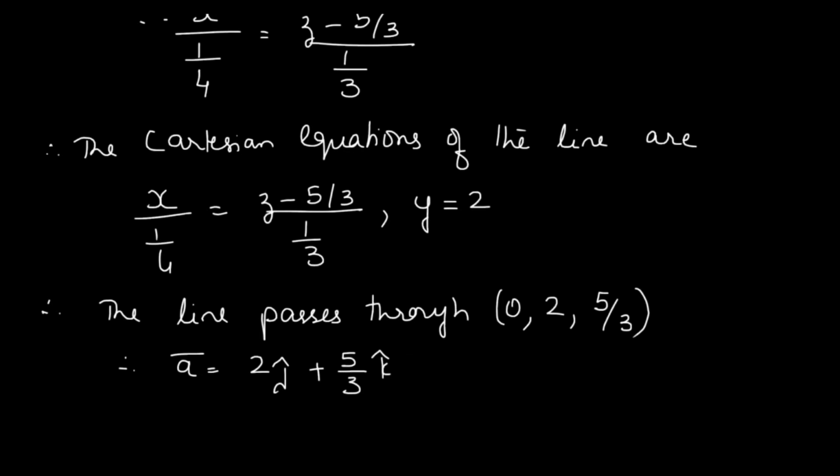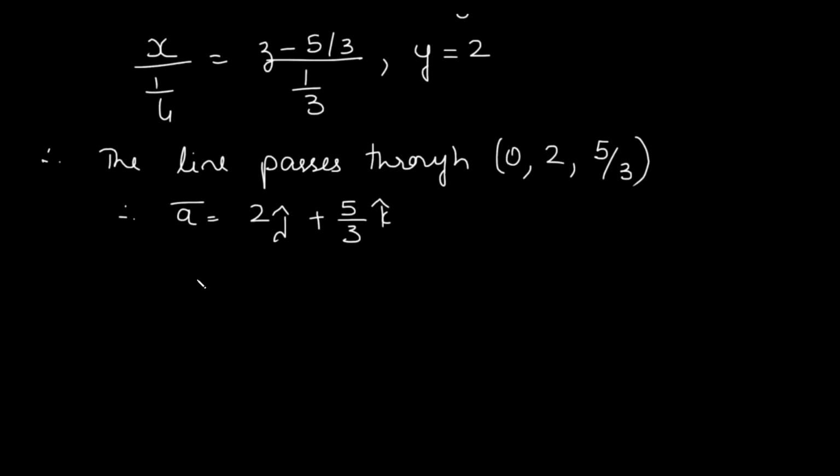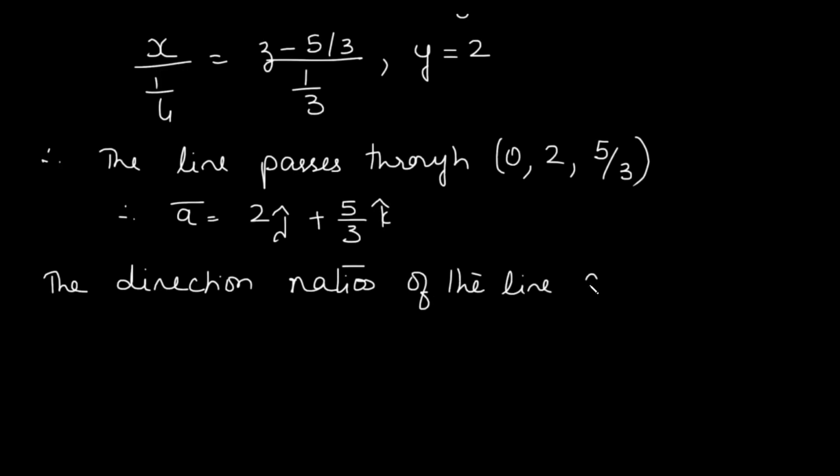For writing the vector equation of the line, remember you require a bar and b bar also. Now the direction ratios of the line, from the denominators, we have 1 upon 4. y is equal to 2, we write it as 0 as the direction ratio.